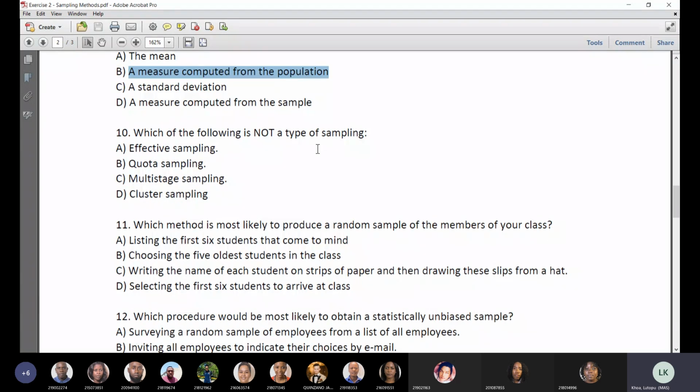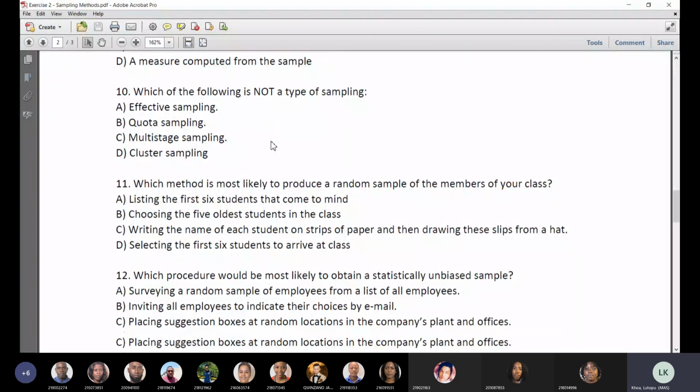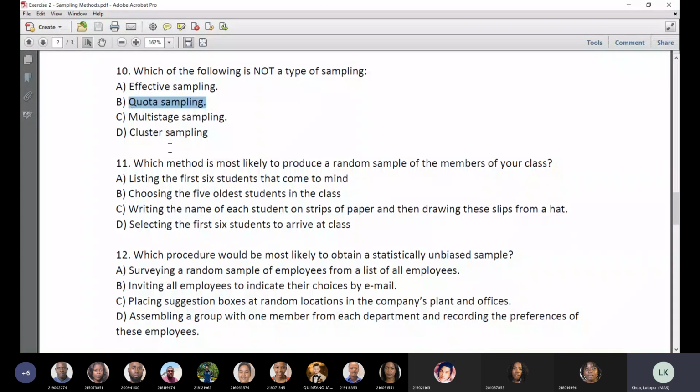Number 10, which of the following is not a type of sampling? So here, quota, I've mentioned it before. It is a sampling. Cluster is a sampling method, and multi-stage is a sampling, because we can think of cluster like a multi-stage sampling. So you do it in 2 steps.